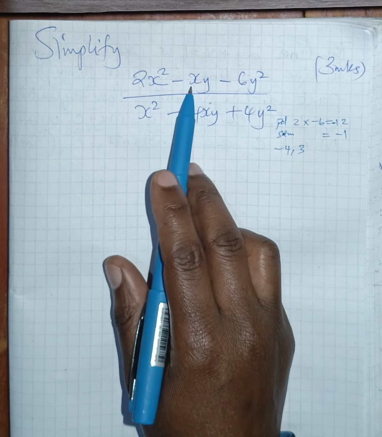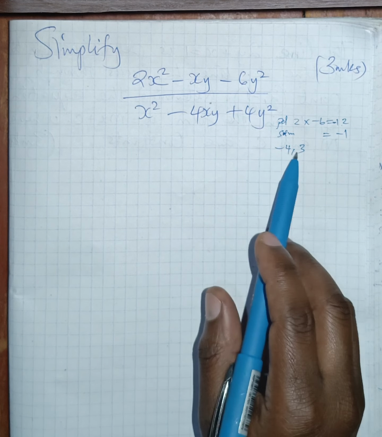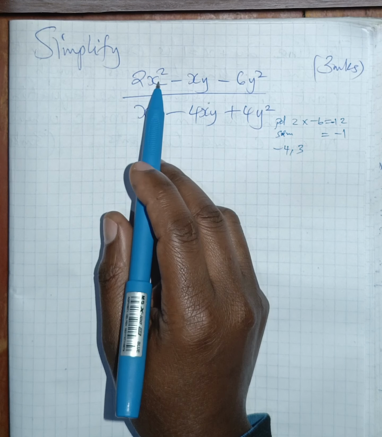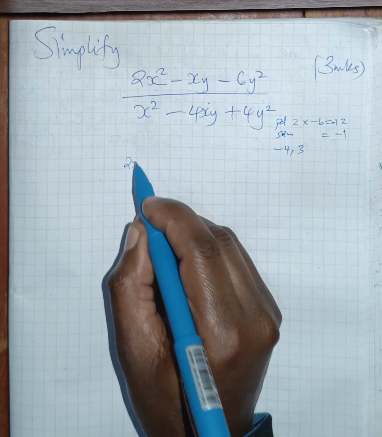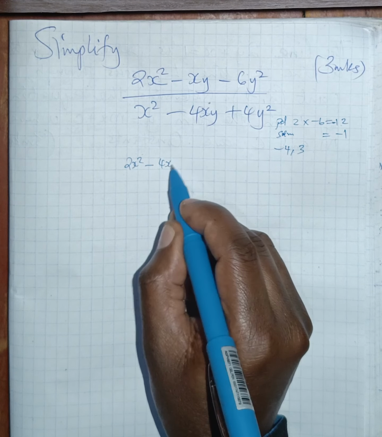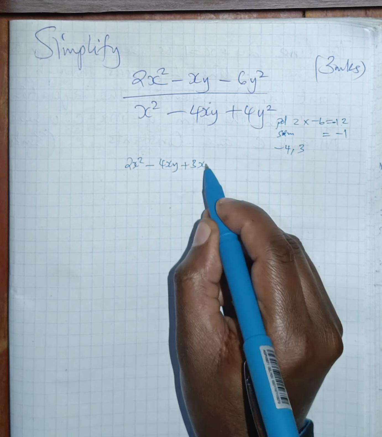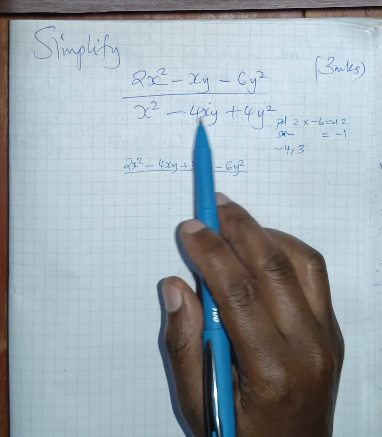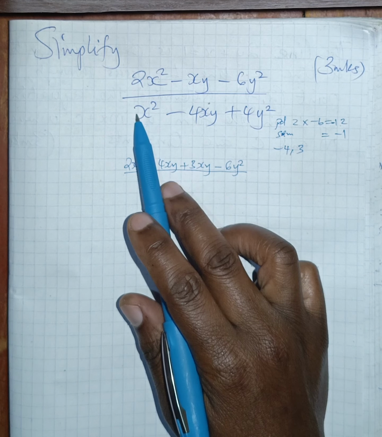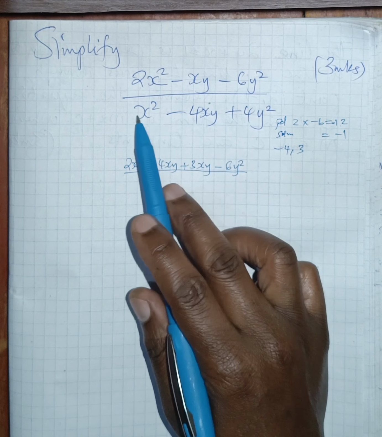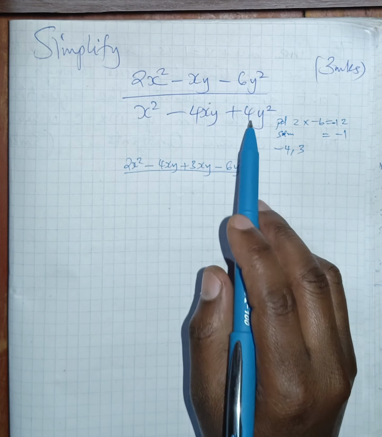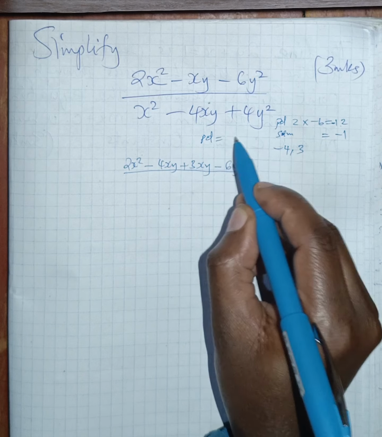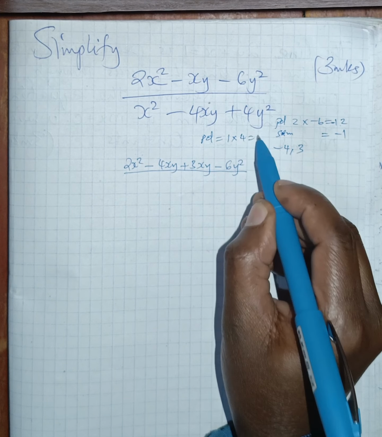So then I split the middle term by replacing these two numbers. I rewrite this expression as 2x squared minus 4xy plus 3xy minus 6y squared, divided by, again the same case, I look for the two numbers whose product is 4, because the coefficient of x squared here is 1 and the coefficient of y squared here is 4, so the product is 1 times 4, which is 4.